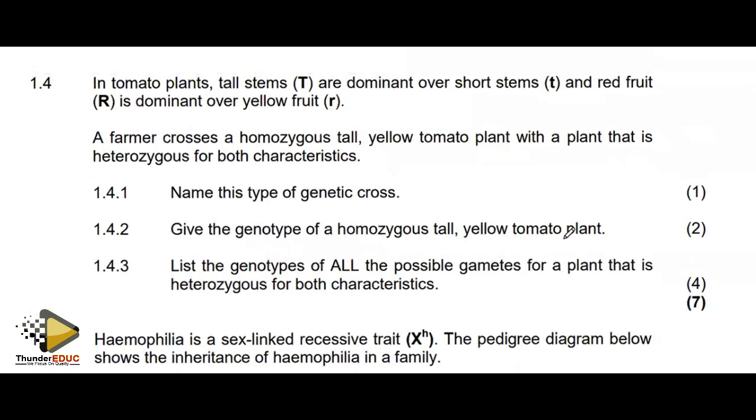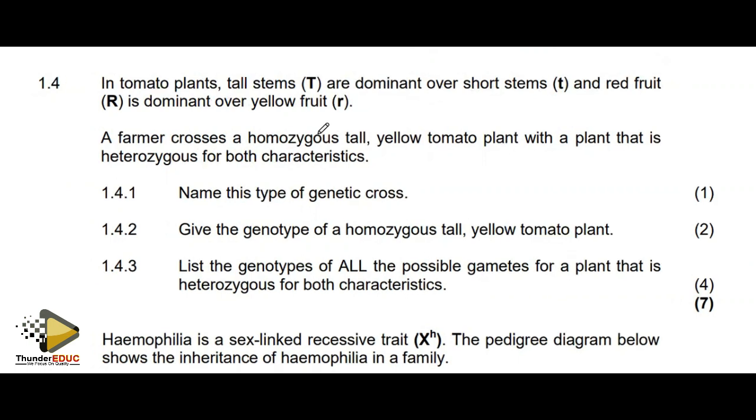In tomato plants, tall stems are dominant over short stems, and red fruits are dominant over yellow fruits. A farmer crosses a homozygous tall plant, so it's going to be capital T, with the yellow.